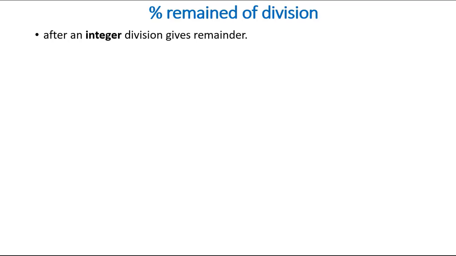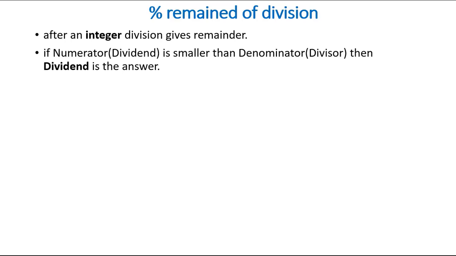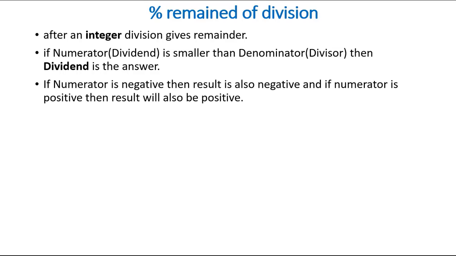If numerator, nothing but dividend, is smaller than denominator, nothing but divisor, then dividend is the answer. If numerator is negative, then result is also negative. If numerator is positive, then result will be positive.